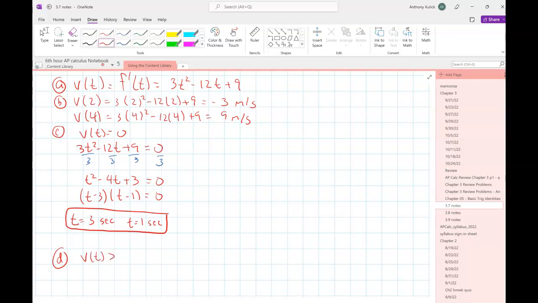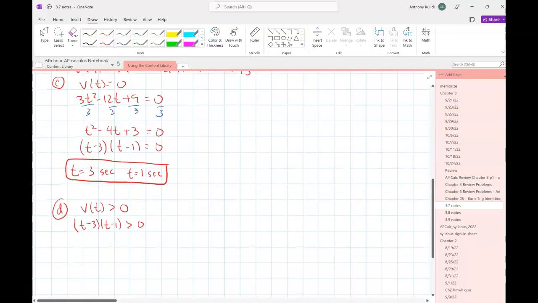When the velocity is positive. Okay. Remember that the velocity in this case was equivalent to this. When I multiply two things together, in this case t minus 3 and t minus 1 are the two things that I'm multiplying together, when can I get a positive number?